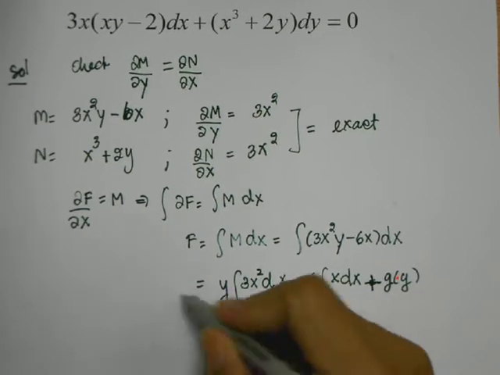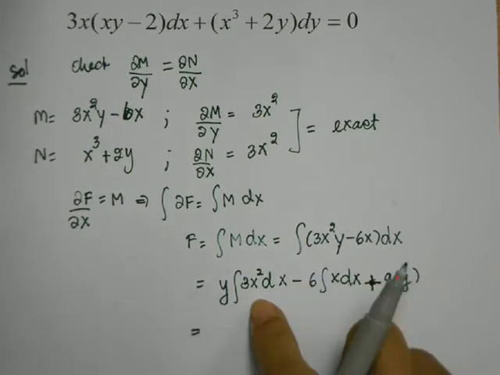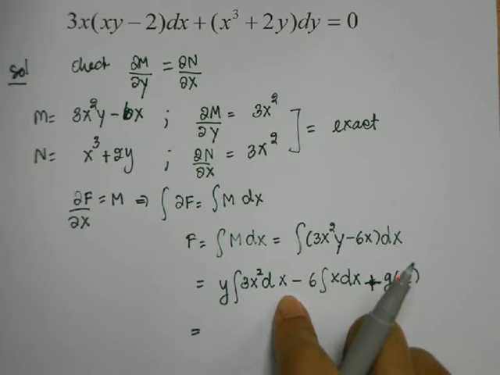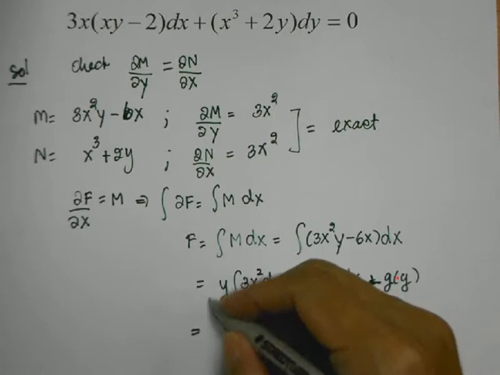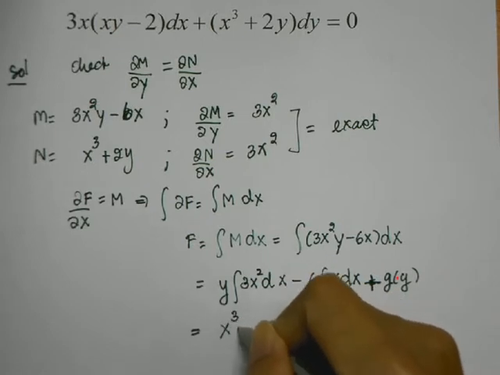Now, integral 3x to the power 2 dx equals x to the power 3, right? Then you would get x to the power 3 times y.